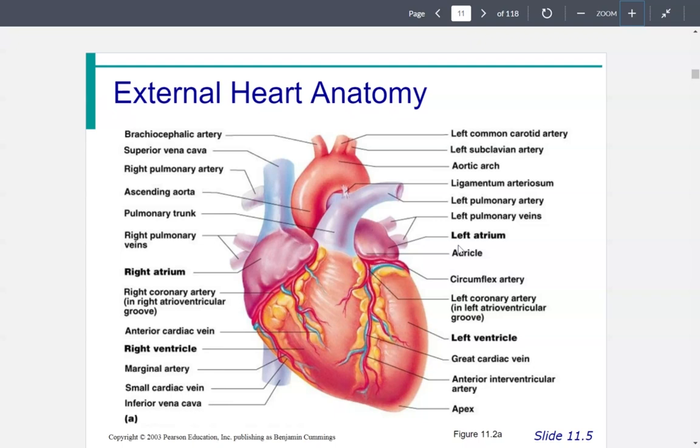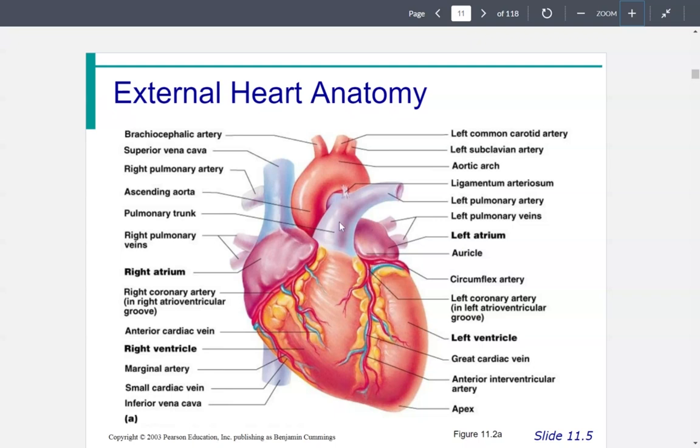All right, so the heart is going to have 3 sets, technically 2, of major arteries and veins coming off of it. The first set is going to be the pulmonary arteries and veins. The pulmonary arteries and veins are going to carry blood to the lungs and then back to the heart. We can see that right here.